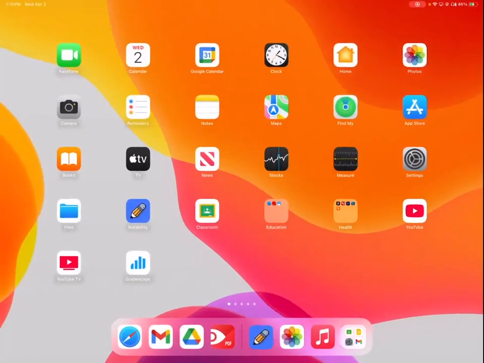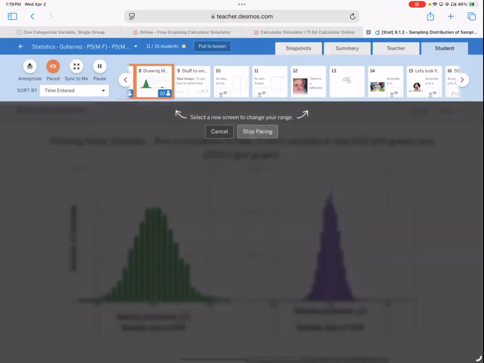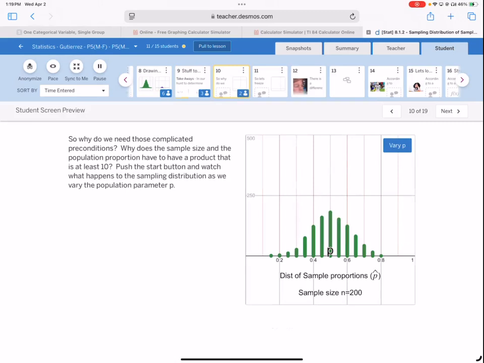So going back into your actual Desmos, like I said, I'm unlocking it in here. I want to note that slide 9 is just what we wrote in our notebooks. It's a little summary of what we did in our notes. Slides 10 and 11 are there to help you understand why that normality check is actually working.